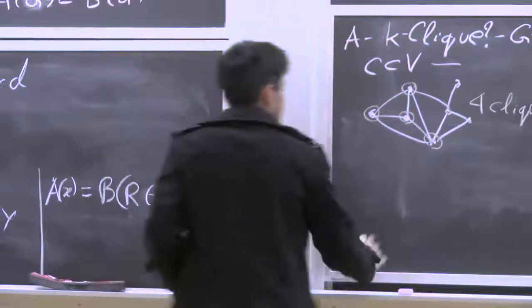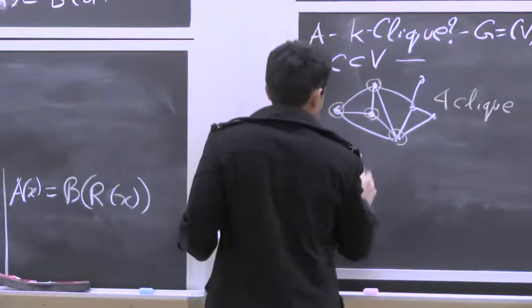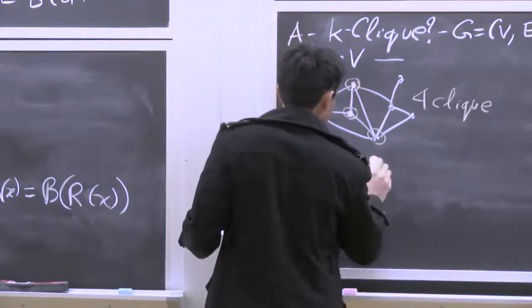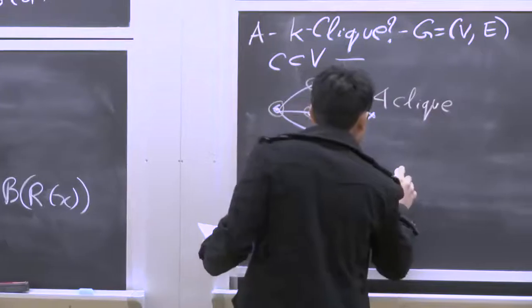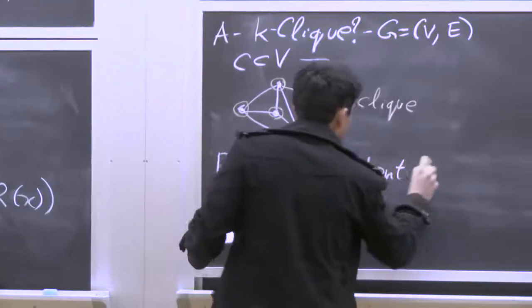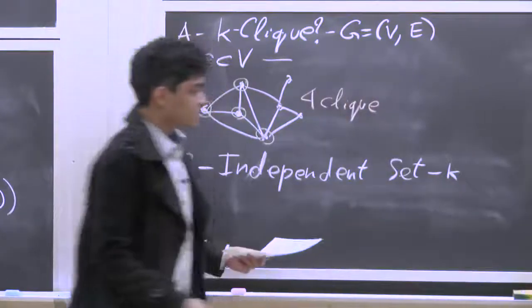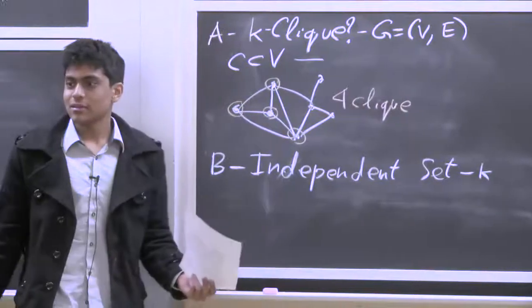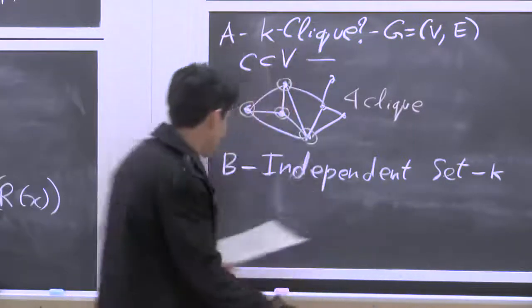So now we will use this to show that this problem is NP-hard. So this problem is independent set. So again, given a graph, what is an independent set? Anyone want to explain? Okay, so what an independent set is this.